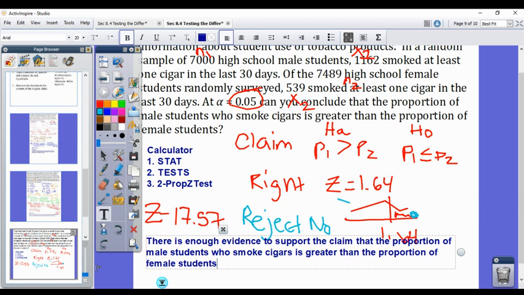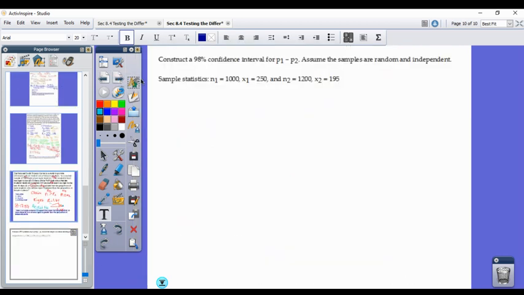Okay. All right, we have one more thing that we're going to do, and that involves finding the confidence interval for the difference in our proportions. So we're also going to do this in the calculator. We're still going to go to stat, then over to tests, and this time you're going to select 2-prop Z int.